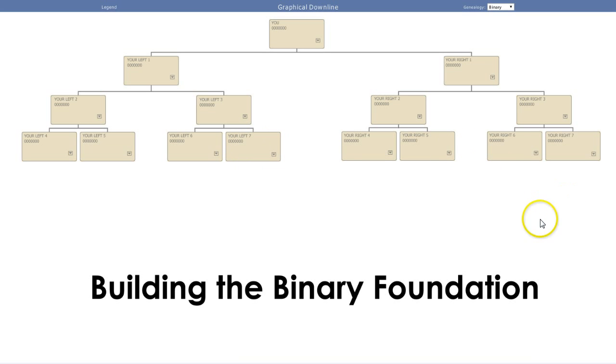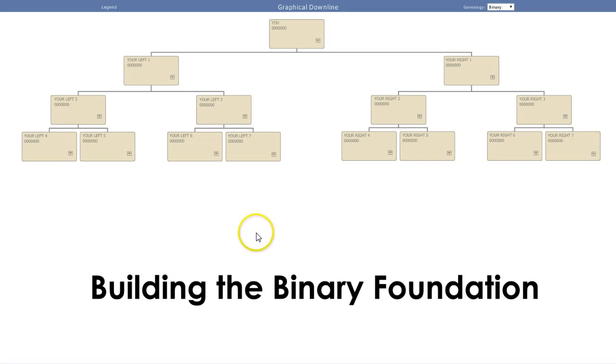Now, what's going to happen is, as each of these people begin to get binary qualified or begin to recruit, it's going to build in the same way, because everybody's going to need to add one person on the left side, one person on the right side. So it's going to continue that same focus of building volume on 2 legs for the people below and above. And so I believe that this structure is a much more useful structure for you to build.